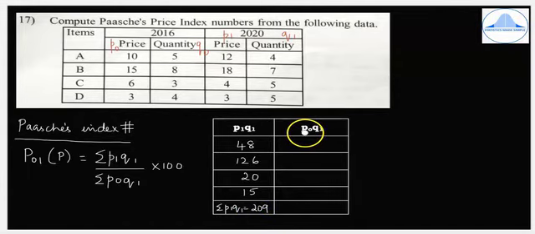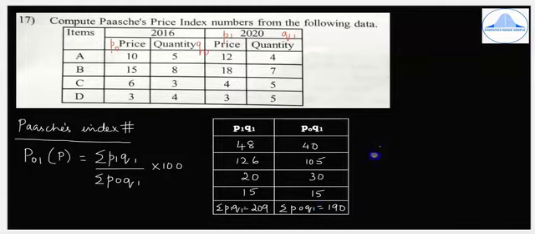Similarly, we have to find out P0 Q1. So it is 10 into 4, that is 40. Then next is 105, 30, and 15. In a similar way, find out summation P naught Q1, which is equal to 190.